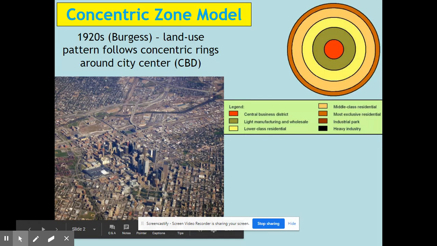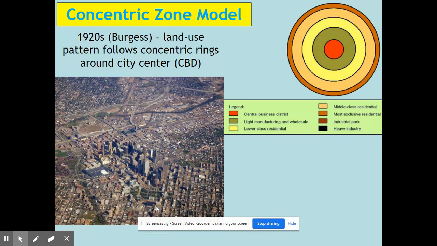The first urban model that we're going to check out is called the Burgess concentric model. This is a model that's based on Chicago back in the 1900s, and it reflects most US cities on the East Coast that have developed in concentric rings.